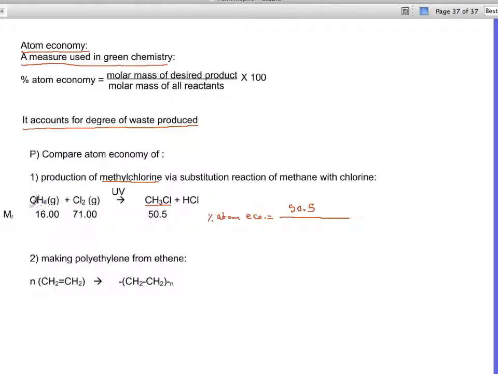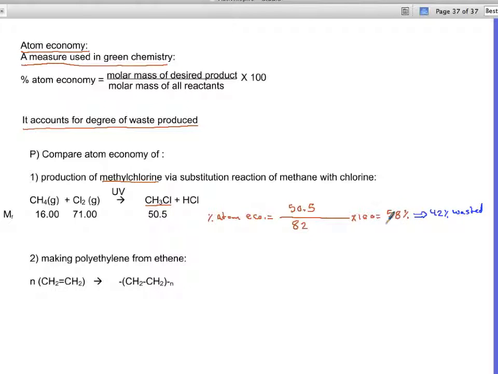Divided by the total molar mass of the reactants, which if you add 16 and 71, you get 87, multiplied by 100. This will say 58% is your percent atom economy. This also has the complementary, which is 42% of the atoms are wasted.